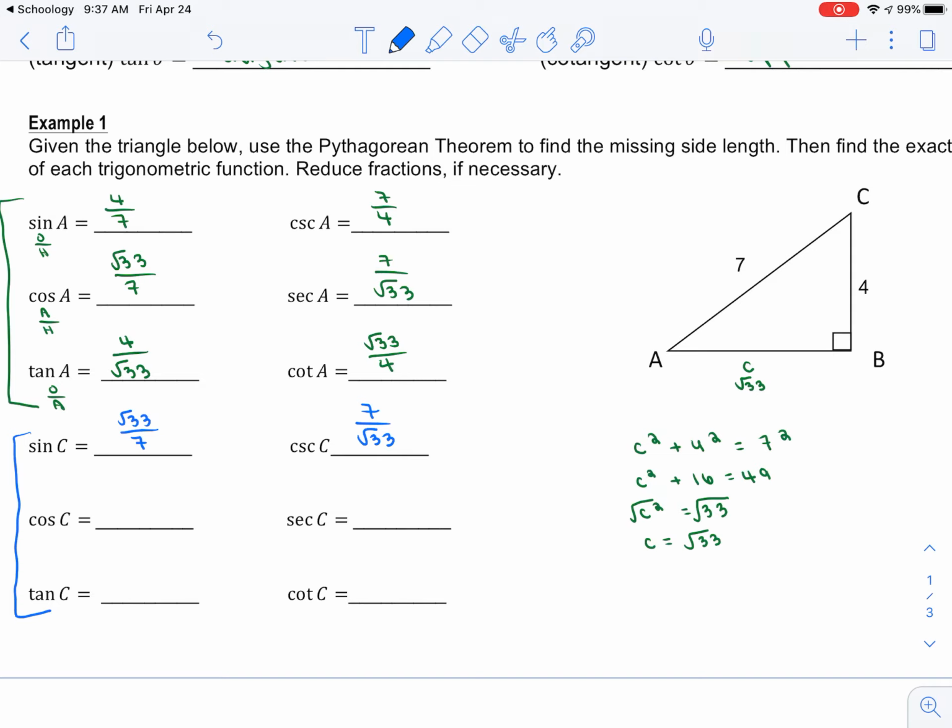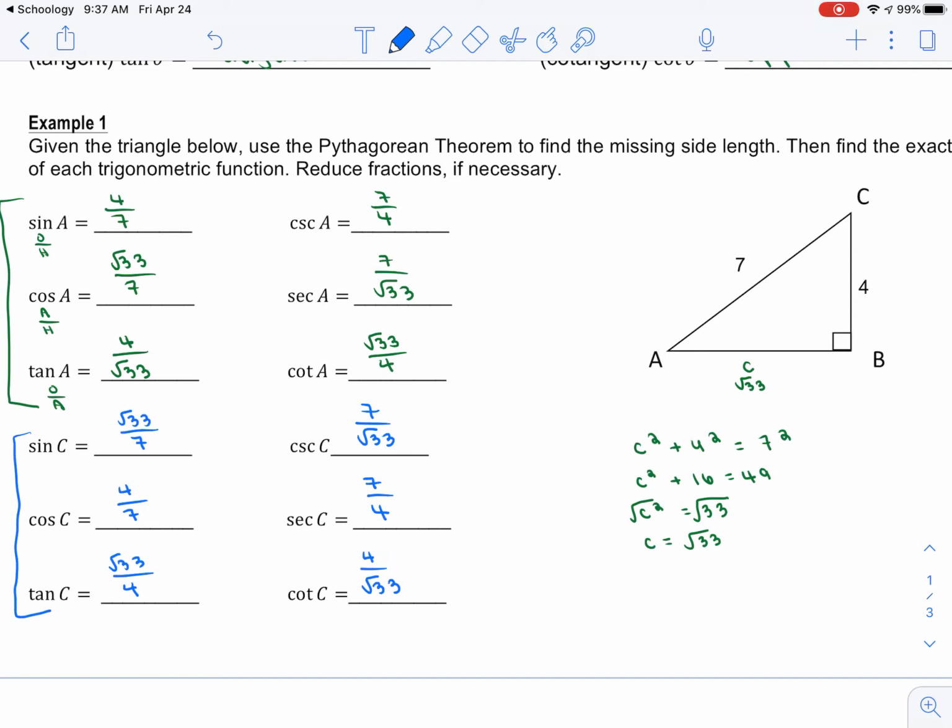Cosine of C is your adjacent side, 4, over your hypotenuse, and then flip it for the secant. And then finally, the tangent of C is going to be the opposite side over your adjacent side, and then flip it for the cotangent. So that's pretty much finding the different trig ratios.